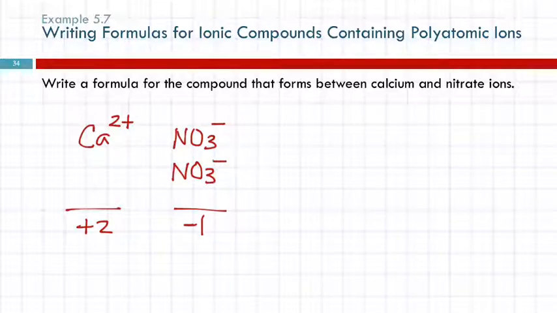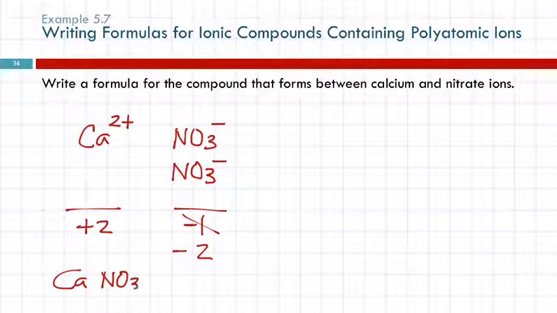That one is also going to be -1. Now my total charge over here is -2. Oh, nice. +2, -2. It's good. I have 2 of these groups and 1 of that. So calcium, and I have NO3. I have 2 of them.